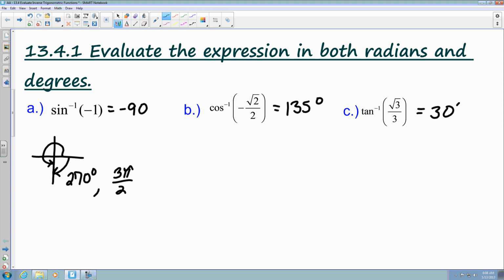If you didn't have a calculator, some of these look familiar because you can find the ratios of the values with the special triangles, the 30, 60, and 45 degree angles, with all six trig functions. For example, if you're looking for the angle whose tangent is square root of 3 over 3, in your chart that happens to be 30 degrees.